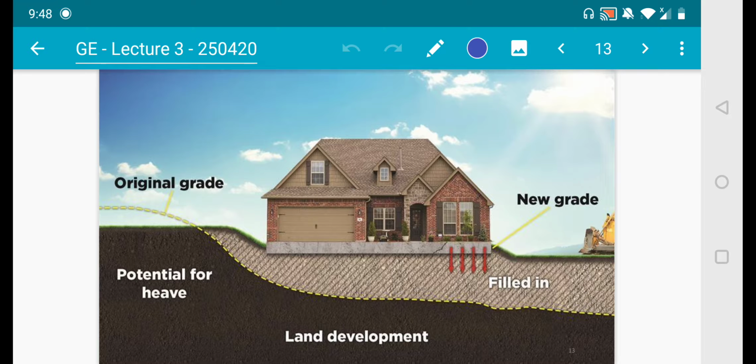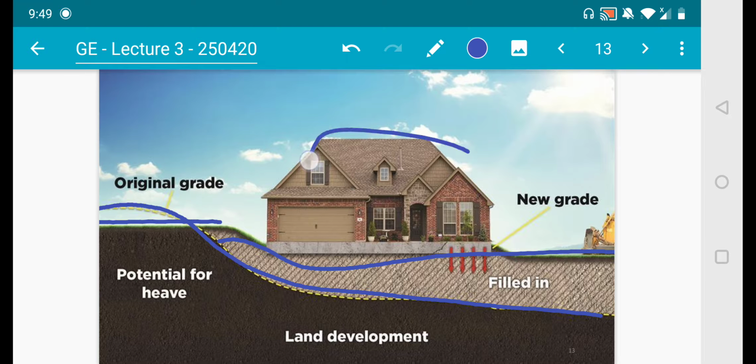Now let's look at an example of a simple structure, a house. This is one land development. The original grade is shown here. This part they cut out and then they fill in this part here for the construction process. This is the loading, and then the soil takes the loading.